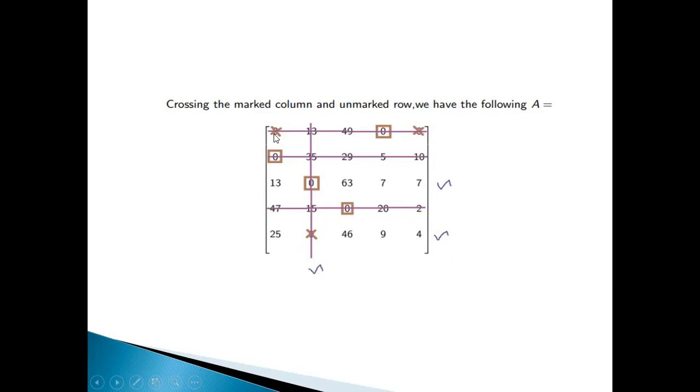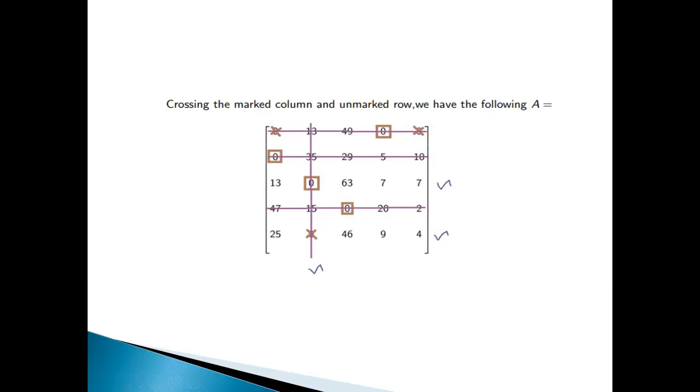See, first row, there are 3 0 entries. Select one. Okay. Here, the second row, one 0 entry. Select that. The third row, another 0 entry.